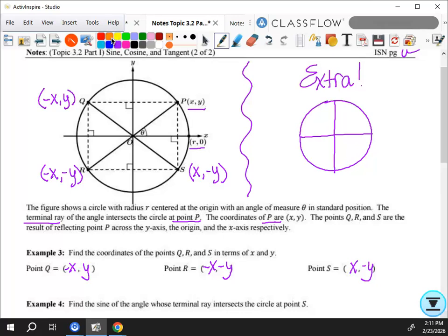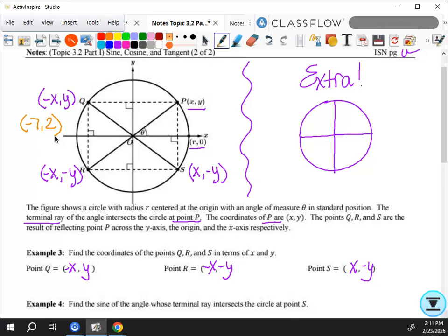Because let's say that this ordered pair here is negative 7, 2. If that is the case, what is the value of x? It's 7. It's not negative 7, right? This says negative x, so that means x has to be a positive 7. You with me on that? So you have to be careful about how you're reading that.